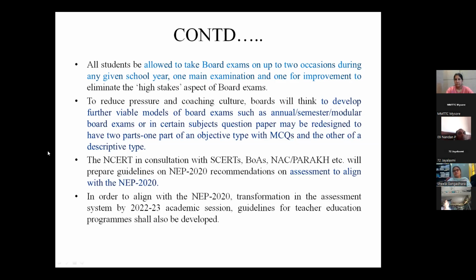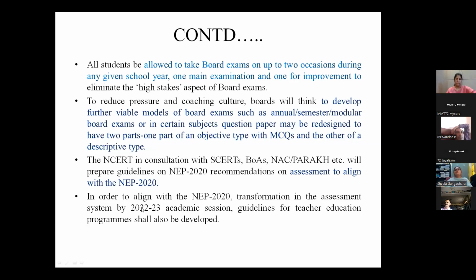And then, in consultation with NCERT, the SCERTs, the Boards of Annual Examinations and the National Assessment Center, PARAKH, about which I have details in the next slide, they will prepare guidelines for the NEP 2020 recommendations on assessment. That means these SCERTs, NCTE, NAC and PARAKH are responsible for preparing guidelines for assessment as per NEP 2020.